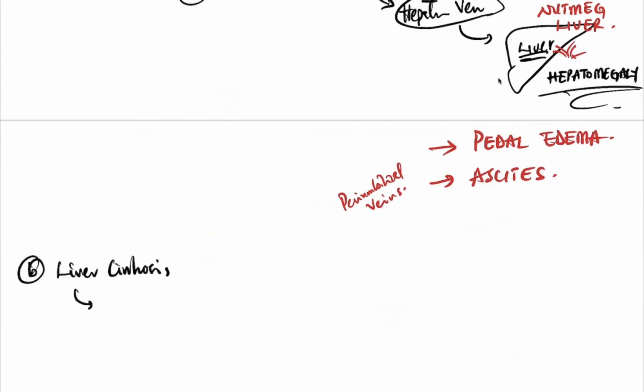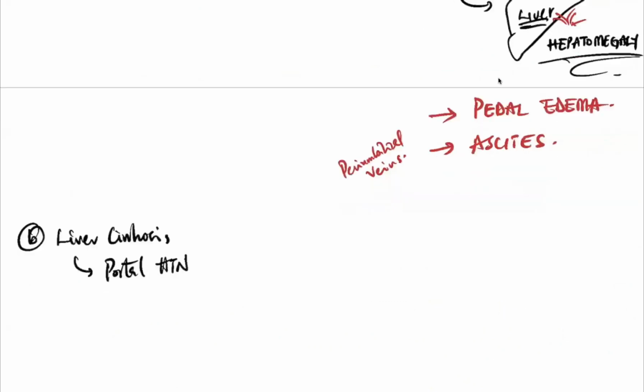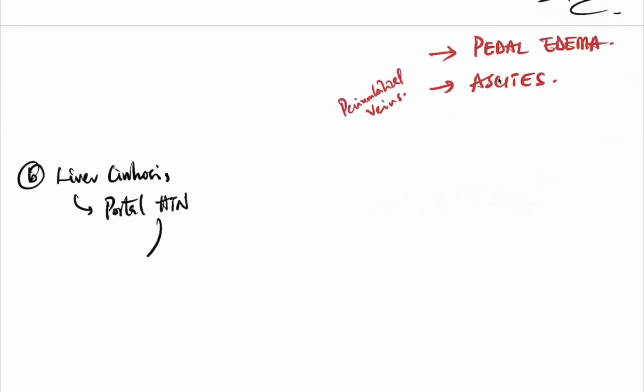If you remember, in liver cirrhosis there's portal hypertension. Portal hypertension will result in backup of fluid, that will result in ascites, that will result in pedal edema, and so on, right? So that will also occur with liver cirrhosis.